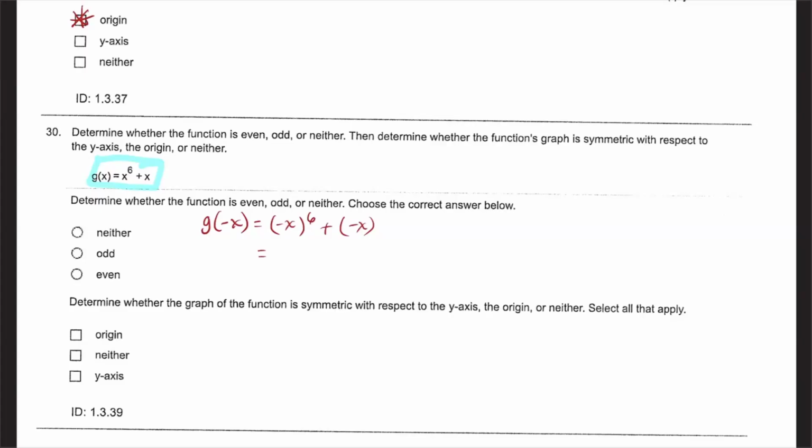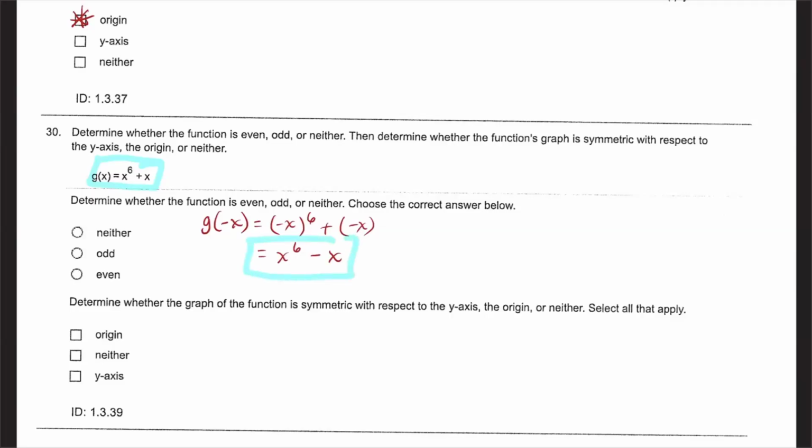Well, that's a negative raised to an even power. So that means anything raised to an even power is going to end up being a positive number, because you have a negative times a negative. That's a positive. You got another negative times a negative, and that's a positive, and then another negative times negative. That's what negative x to the 6 means. So that's going to end up positive x to the 6, but then minus x.